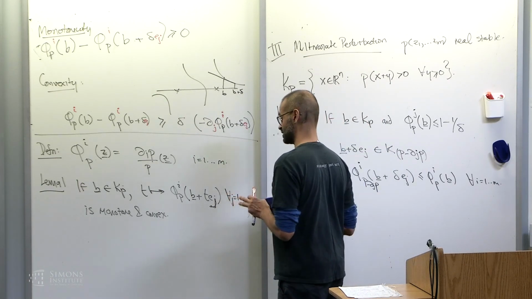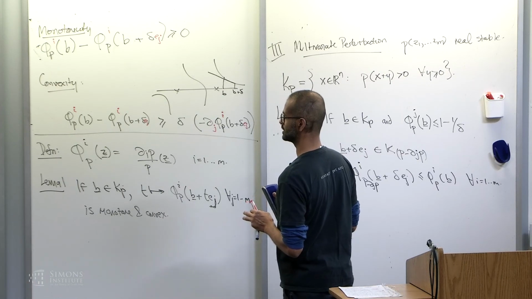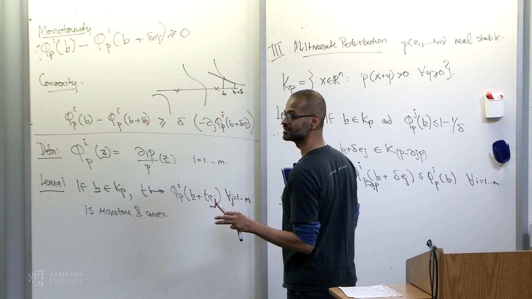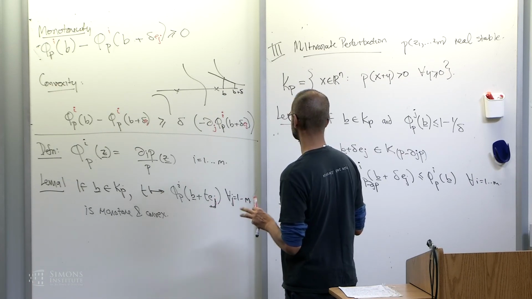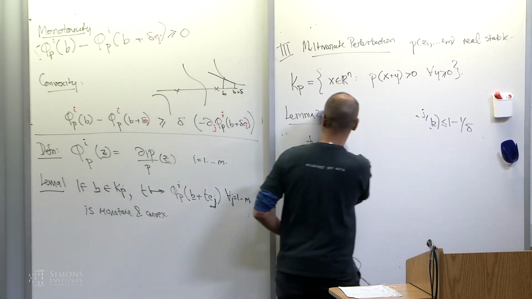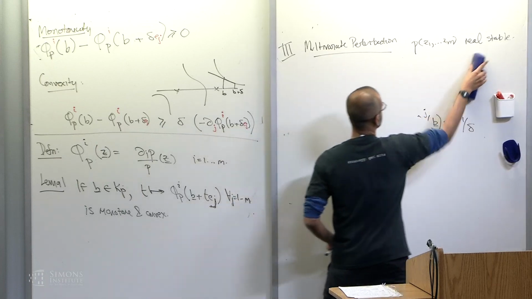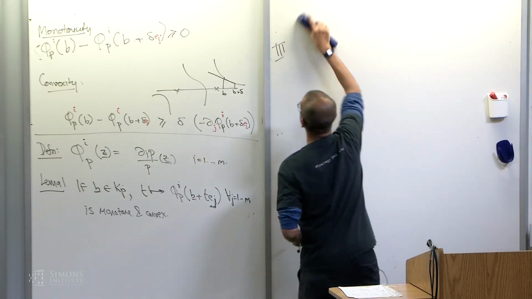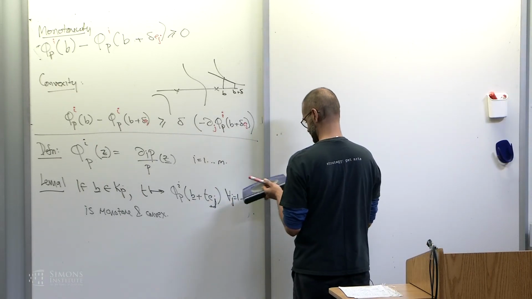Anyway, I think I'm already considerably over time. The key thing is to prove lemma 1, which is monotonicity and convexity, and then the univariate proof works.